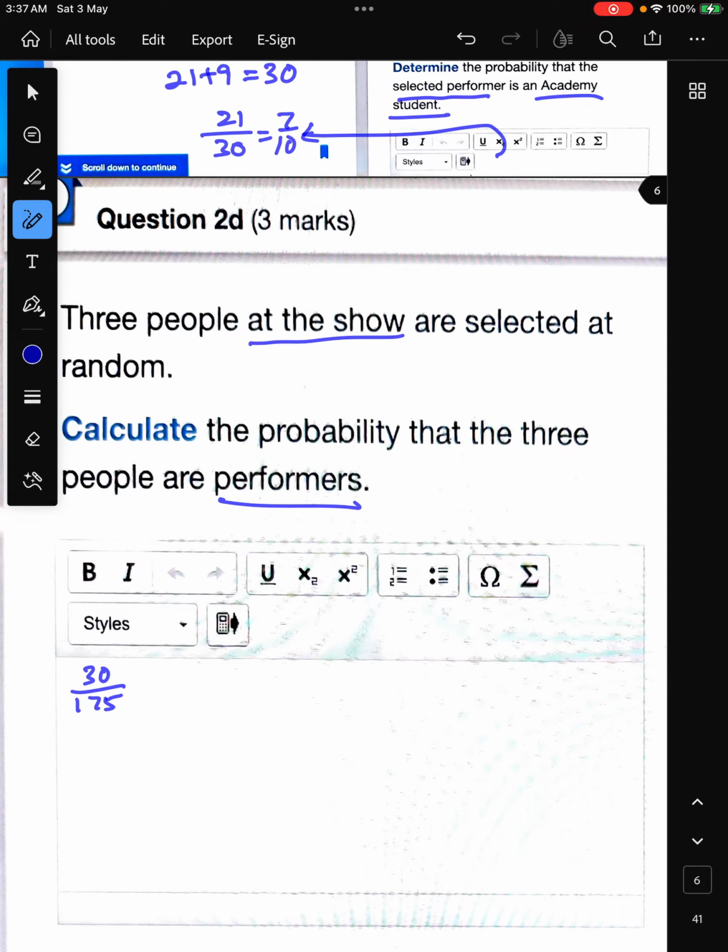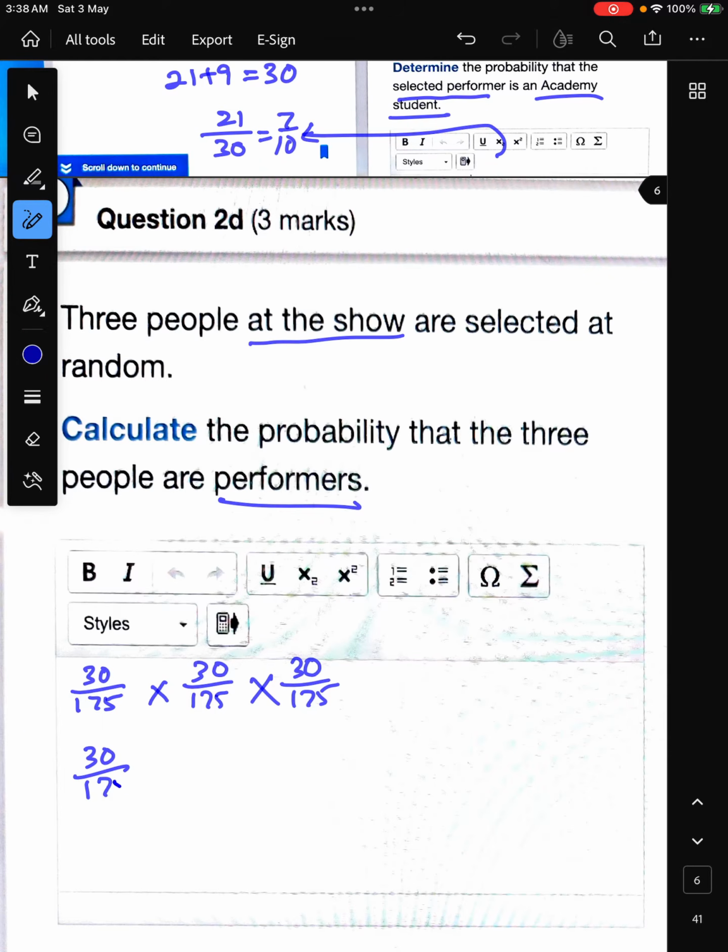If we assume that there is replacement, then the probability will always be the same for the other 2 as well, and we multiply the probabilities because they are all independent events. So this is one possible answer that could be accepted.